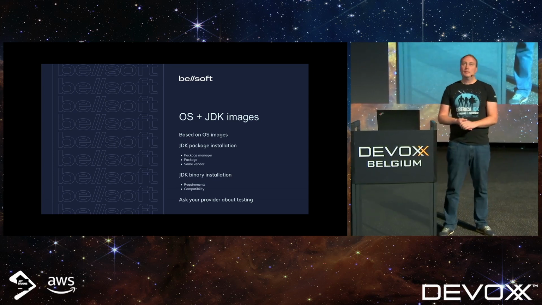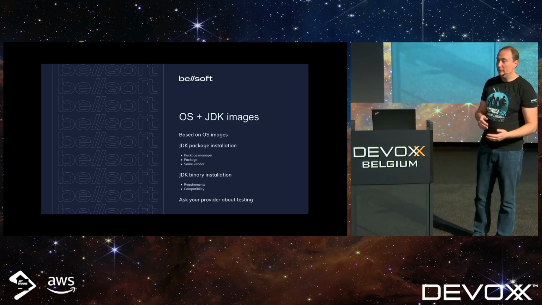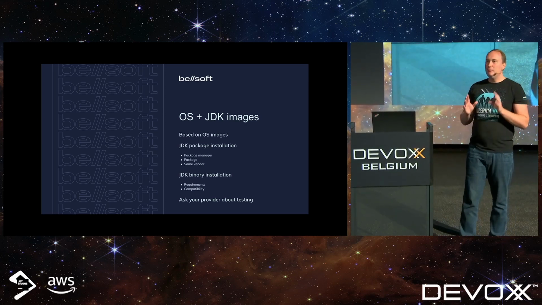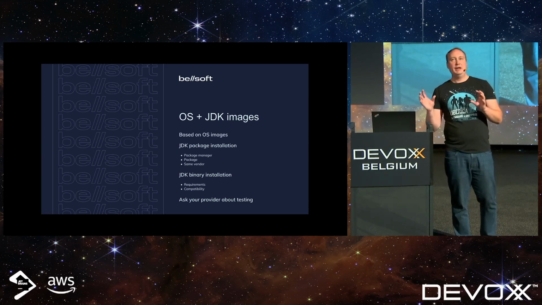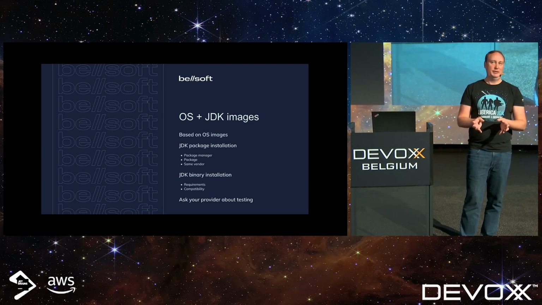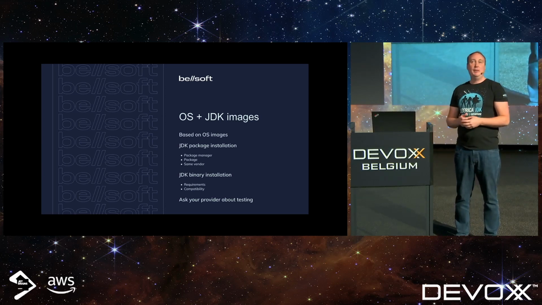So now think about combining an operating system image and JDK. It's not that smooth if you just combine two parts together. They won't be one part magically. So you probably need some glue. How does it happen?